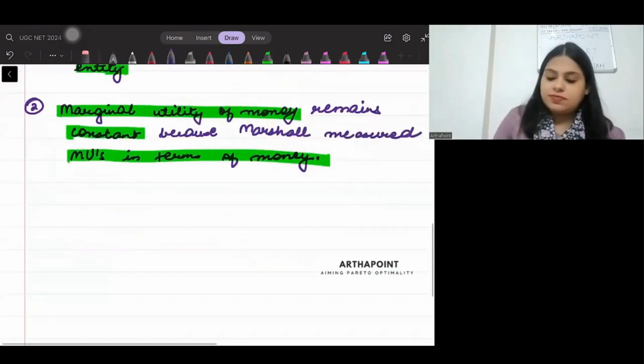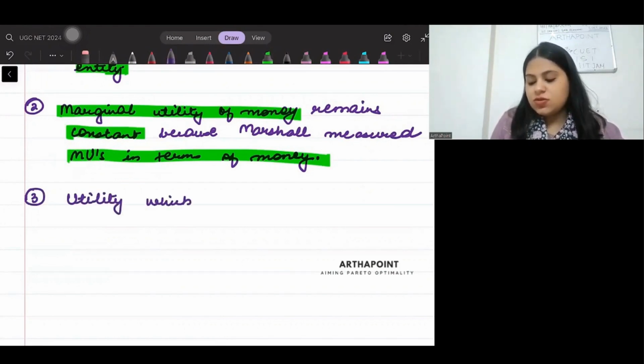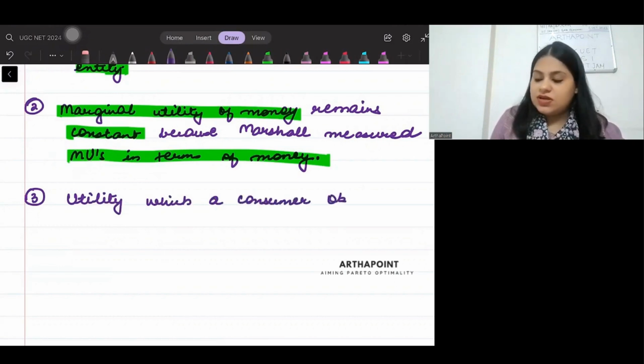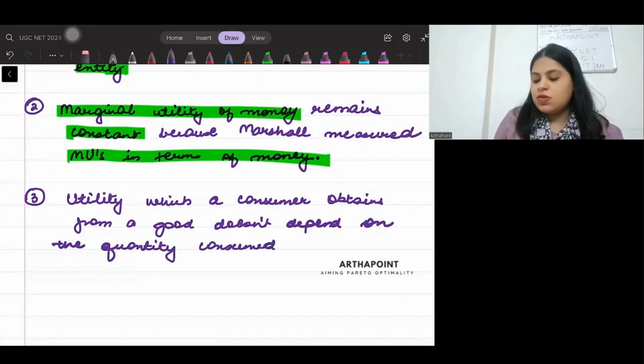The third point. Utility which a consumer obtains from a good does not depend on the quantity consumed of other good.